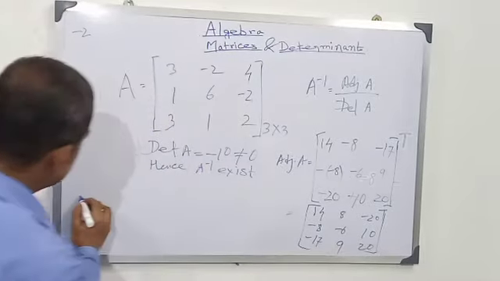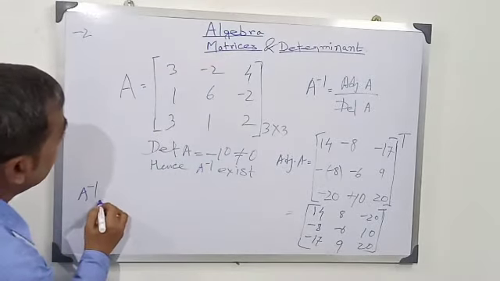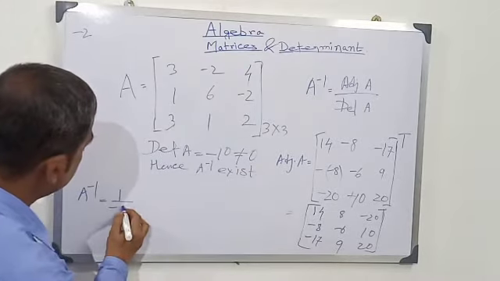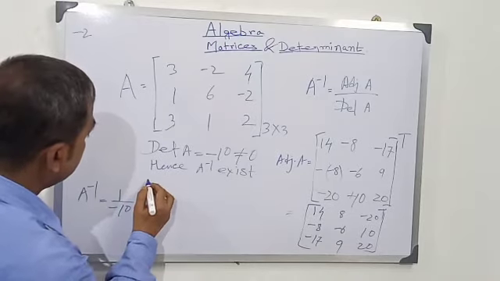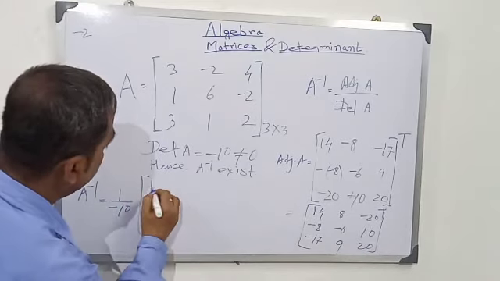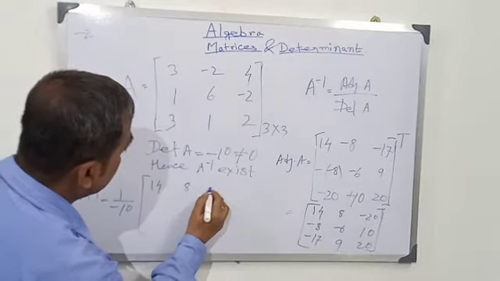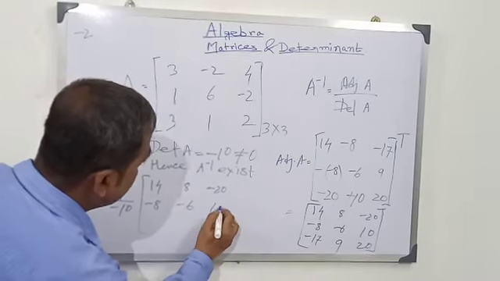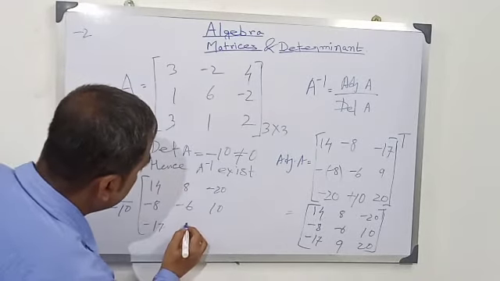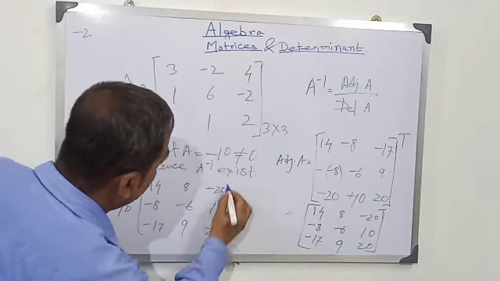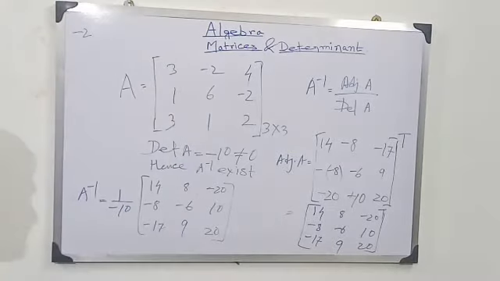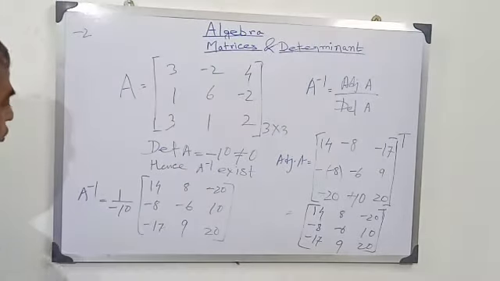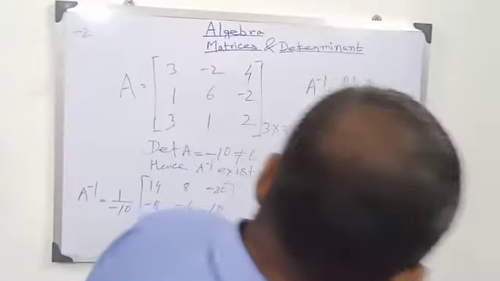So we can say A inverse is equal to 1 by minus 10, and then you have these elements: 14, 8, minus 20, minus 8, minus 6, 10, minus 17, and this 20. Now, I explained last day the matrix multiplied with a scalar. This is the scalar, so all the elements should be multiplied accordingly.